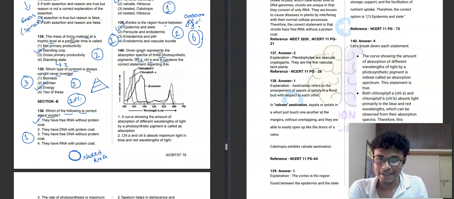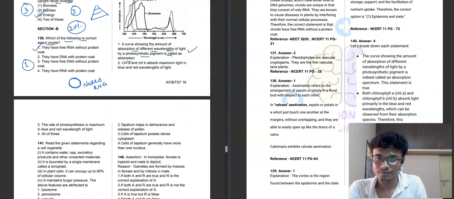It is saying that a curve showing the amount of absorption of different wavelengths of light by a photosynthetic pigment is called an absorption spectrum. It is absolutely correct. Second, chlorophyll A and chlorophyll B absorb maximum light in blue and red wavelengths of light. It is an absolutely correct statement.